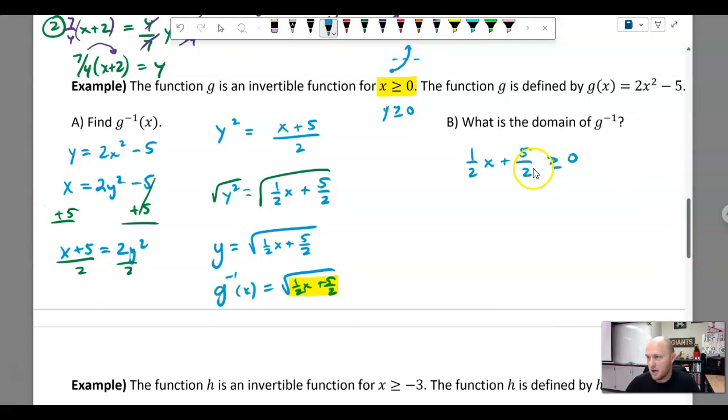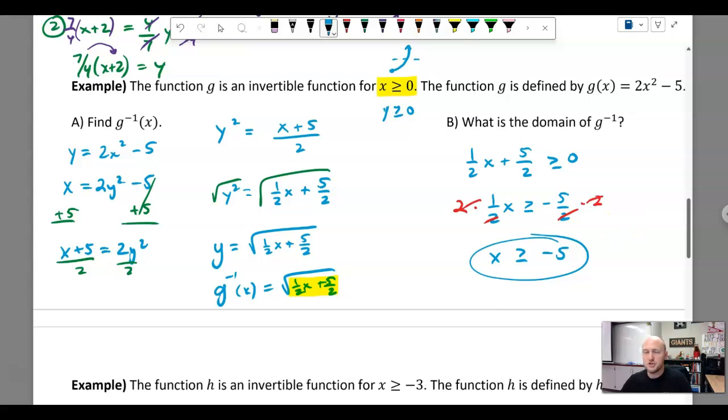It has to be greater than or equal to 0. So I'm going to solve this. I get 1/2 x is greater than or equal to negative 5 over 2. Then I multiply both sides by 2. And this cancels, and so I get x is greater than or equal to negative 5. That is your domain for g inverse.